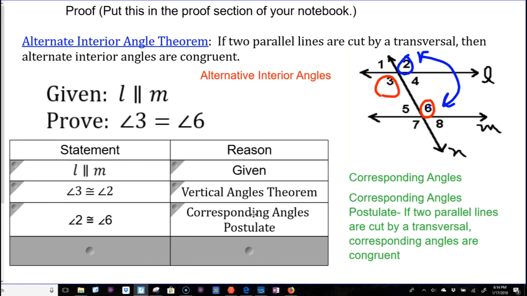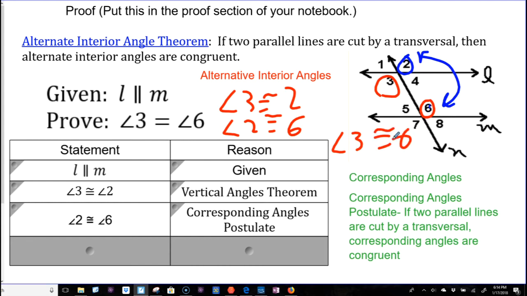Because angle 3 is congruent to angle 2, and angle 2 is congruent to angle 6, then we can say that angle 3 is congruent to angle 6, which is what we were trying to get to.